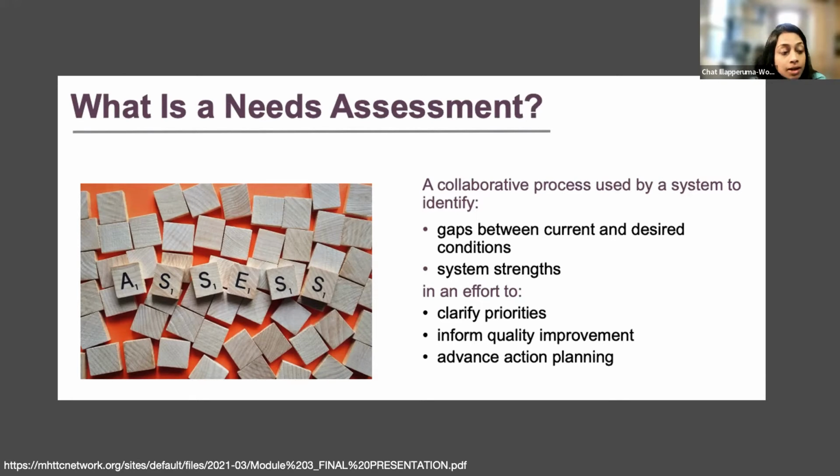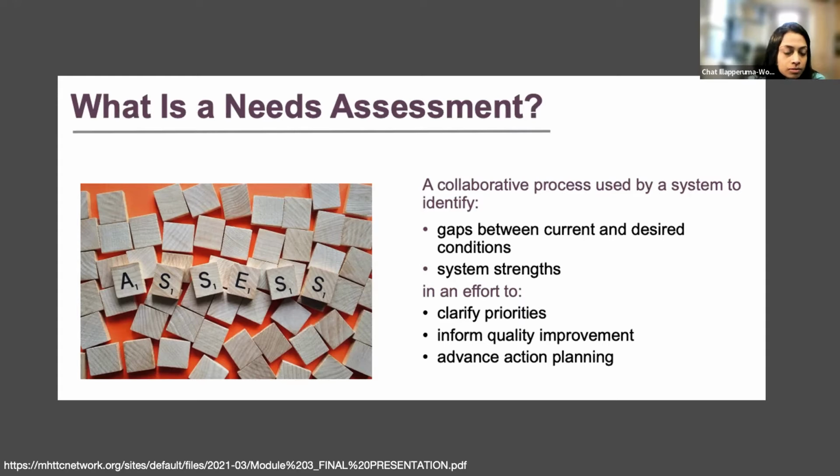A needs assessment must be a collaborative process. I cannot stress this more. We don't want to do this work in a silo. We have to bring together all folks who are involved with the schools, because that really helps to integrate data from all over and includes the perspective of a wide range of individuals.